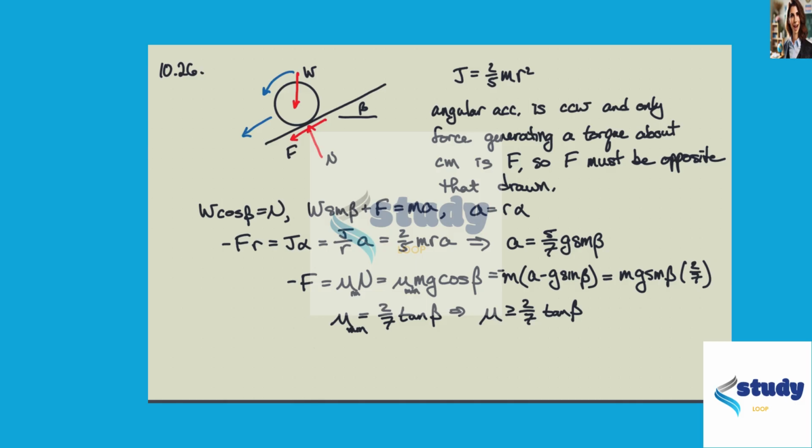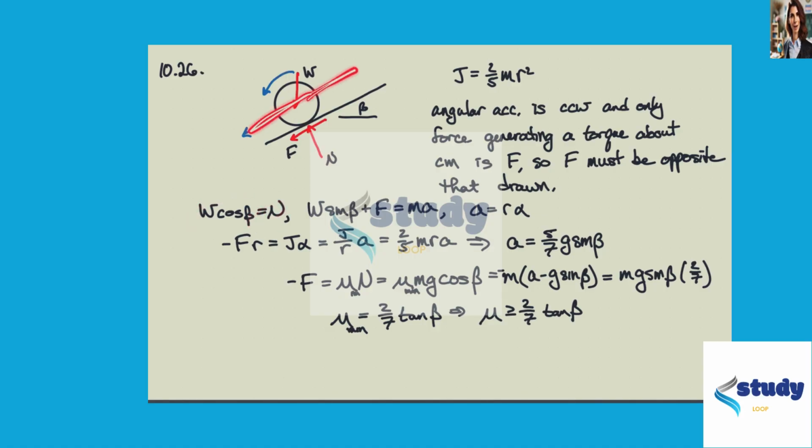So let's see. What is the acceleration of the center of mass of the ball? Although we don't really need this equation for this part of the problem, we know that the component of W perpendicular to the ramp, W cosine beta, equals the normal force.